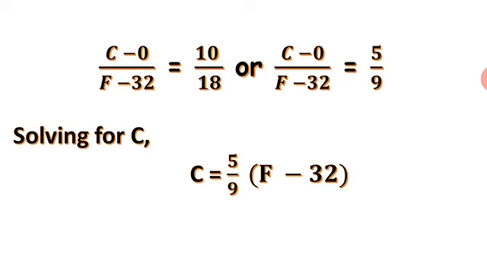In order for us to solve for C, just do cross multiplication: C minus 0 times 9 and F minus 32 times 5. So we get C is equal to 5 over 9 quantity F minus 32.